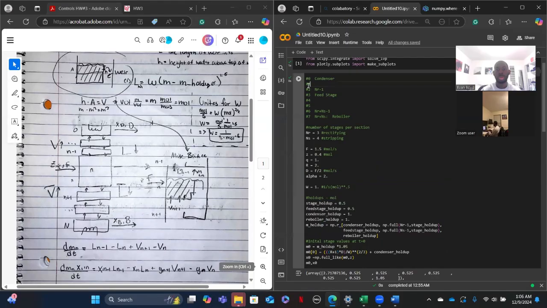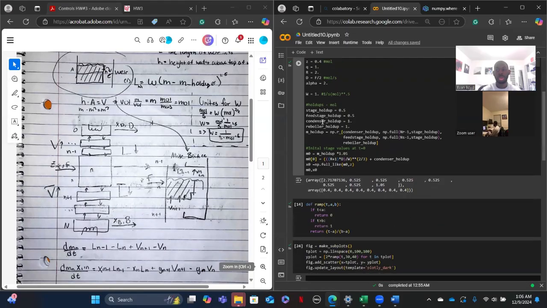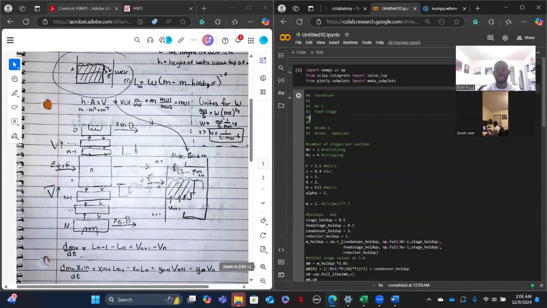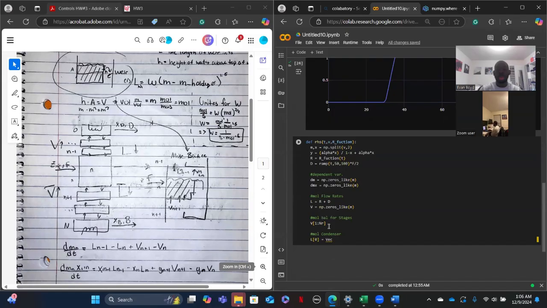We want to have it from one to three, but we want it to stop at four. If we put that into the brackets, it won't actually count that value, so we need to do plus one. That will be equal to our V rectifying.